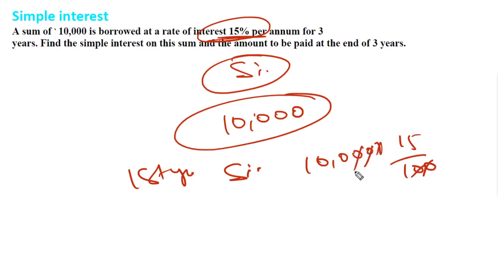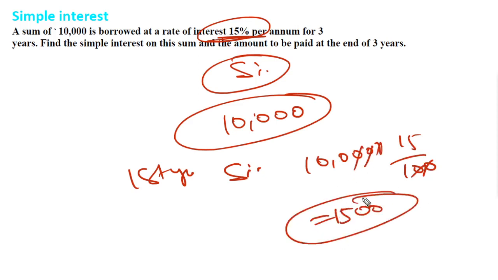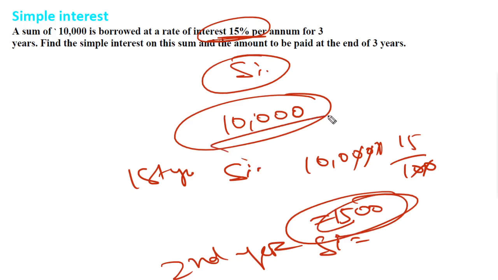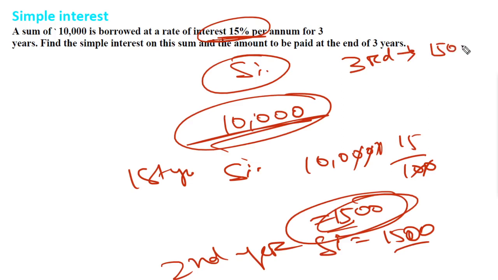So it will be equal to 1,500. For second year simple interest will be the same. On 10,000 rupees you have to pay 1,500. For third year the interest will be same, 1,500.